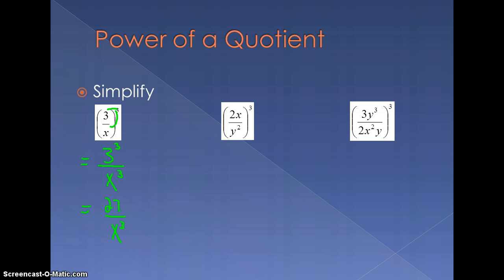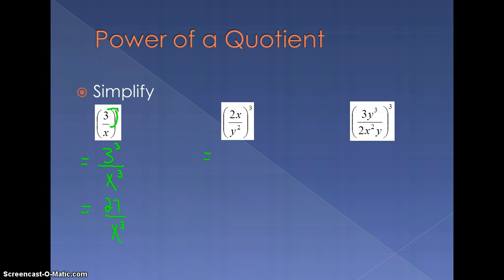Moving on to the next one, actually the next two, we have to make sure we're very careful. Especially in ones like this, where we have the quantity 2x over y squared all cubed. This 2 has to be cubed in addition to the x being cubed. Every single term, and the constants are part of those, have to be raised to the third power.